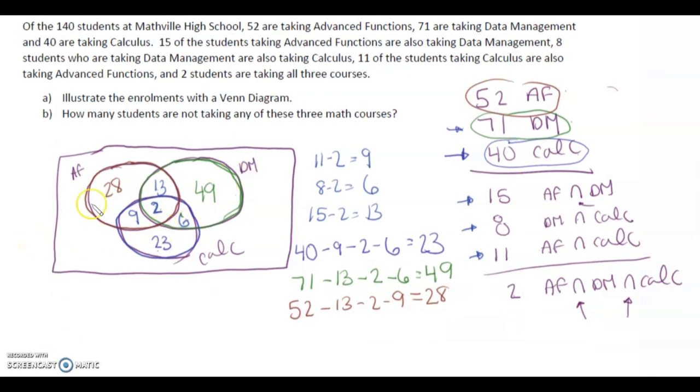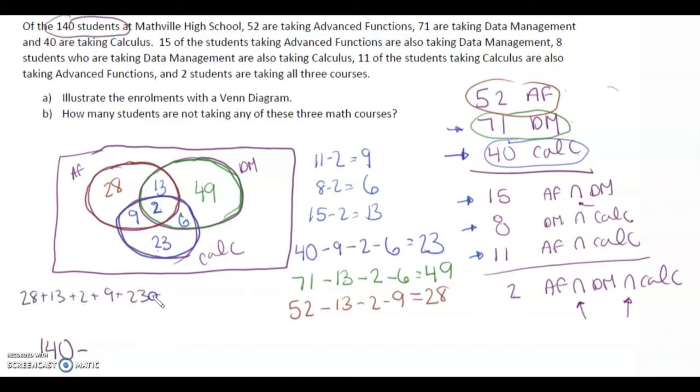So B asks us how many students are not taking any of the math courses. So if we reference the original question, it says 140 students are at Mathville High School. Now, if we added all of these up inside the Venn diagram, these are all of the students who are taking math courses.